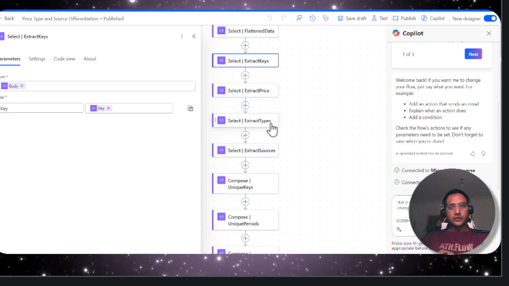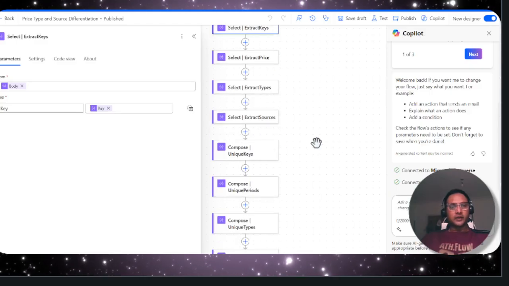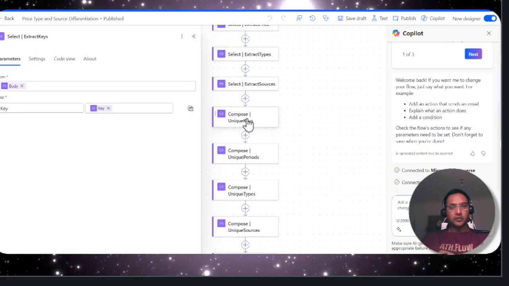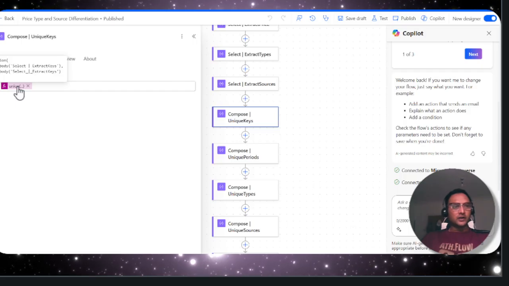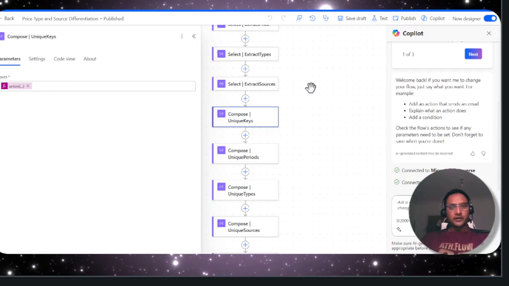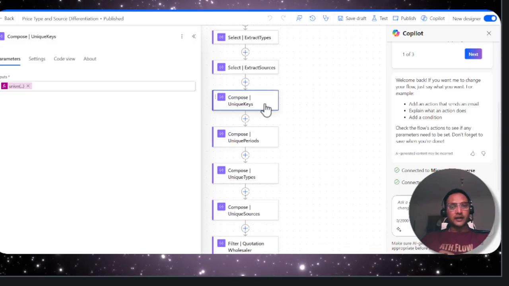I'm also extracting the types and the sources of each price, and composing that in a union. So it's extract keys. The key will have the combinations, and I'm extracting that in the union.